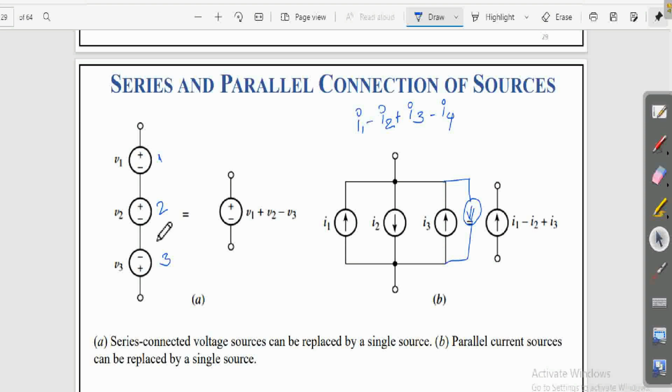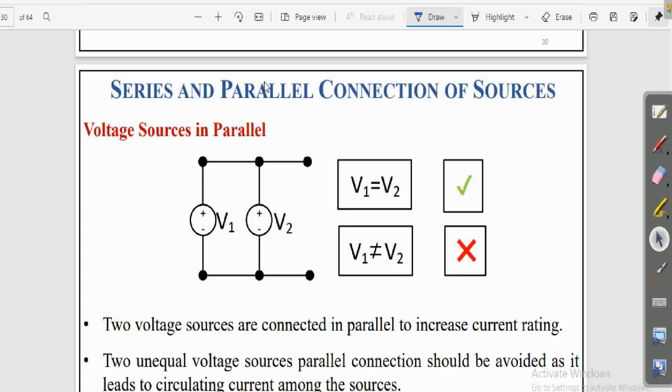So here the voltage sources are connected in series. Here the current sources are connected in parallel. This is series parallel connection of sources. Here you have two voltage sources V1 and V2 connected in parallel.